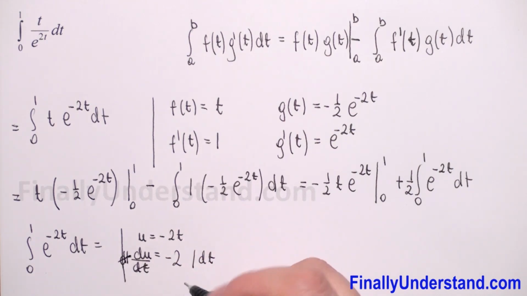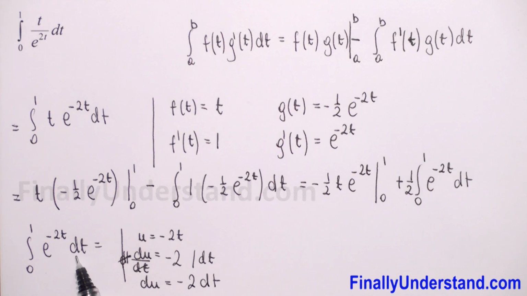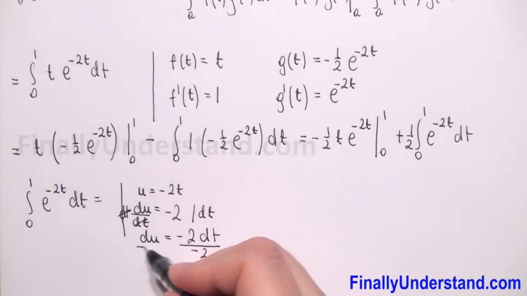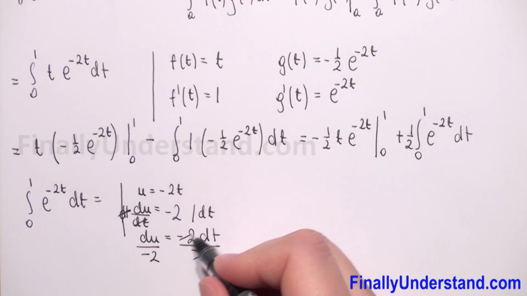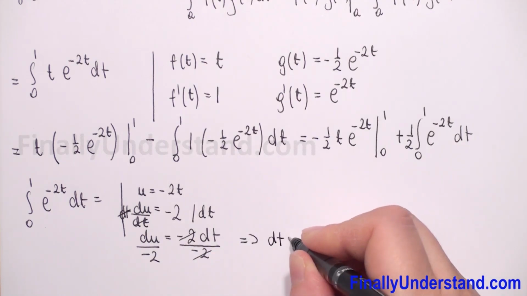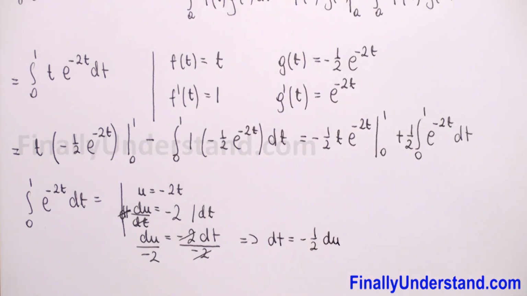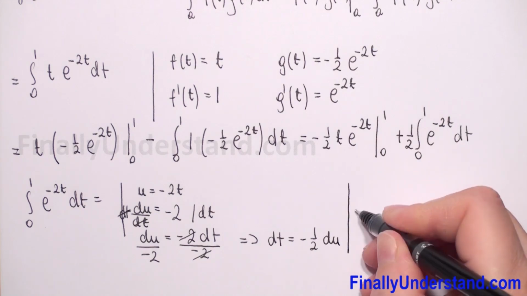We have that du is equal to negative 2 dt. But we have here only dt, we don't have negative 2. So now I will divide both sides by negative 2. Negative 2 and negative 2 we can reduce, and we have that dt is equal to negative 1/2 du.